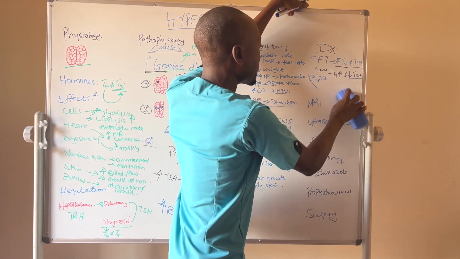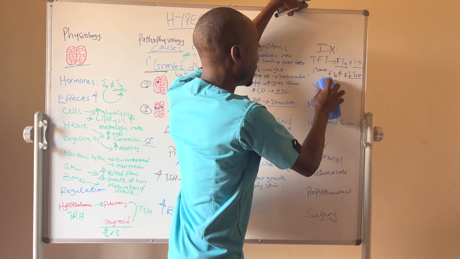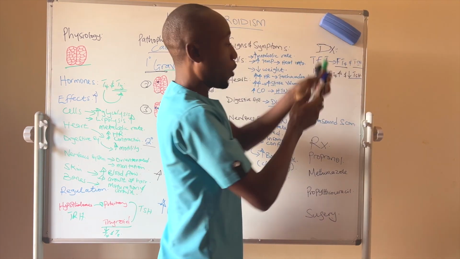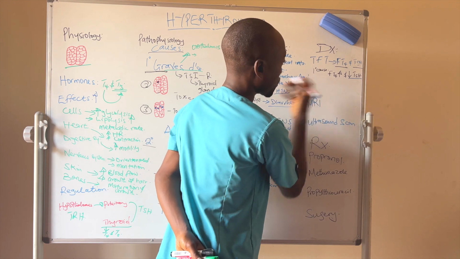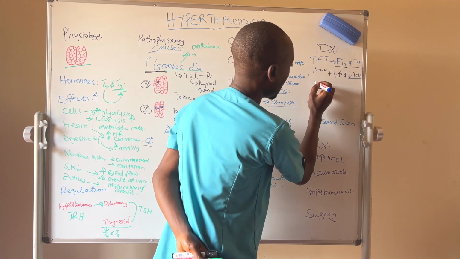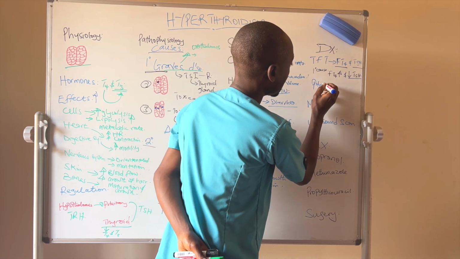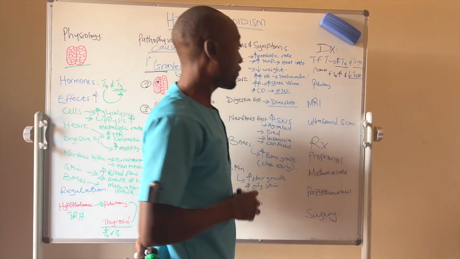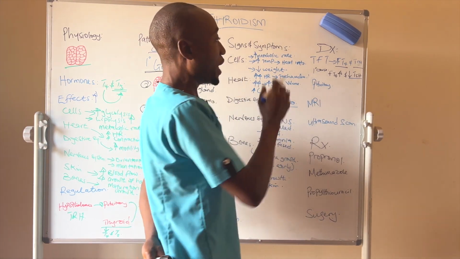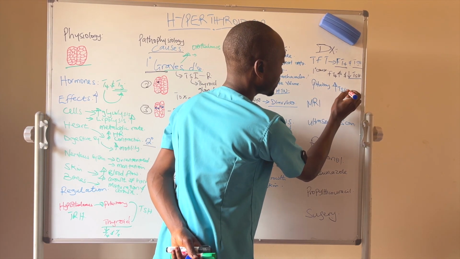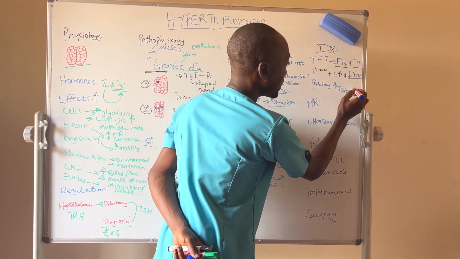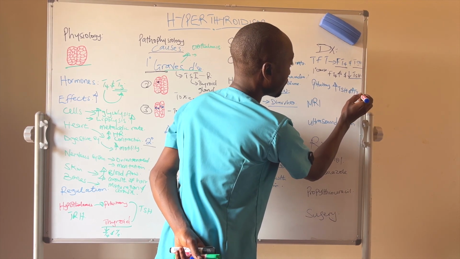Now, if it is a secondary problem, for example, if the problem is with the pituitary gland, like you have a pituitary adenoma, you are going to have high TSH and high free T4.